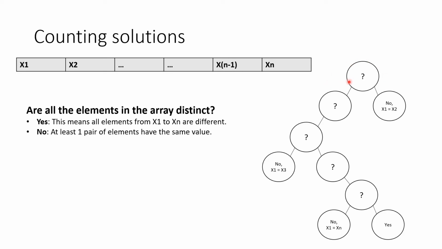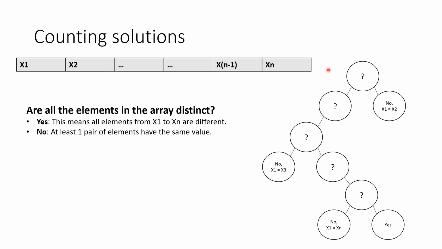For example, at the top, we can say, is x1 equal to x2? If the answer is yes, then we're done. We can report that the answer to the big question is no. The array is not distinct because x1 is equal to x2.